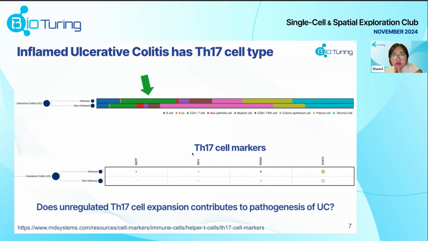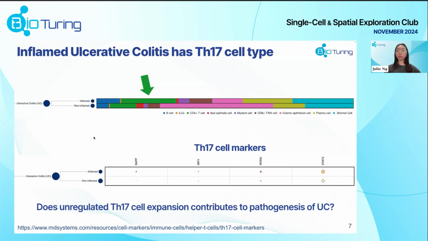Yes, and this is different from Crohn's disease. Okay. So in Crohn disease, we have Th1, and in ulcerative colitis, we got Th17. Can you elaborate more about the role of these cells? Like what do they do? Right. At this point, we don't know too much about the function of these Th cell subtypes, because this is quite a new finding that the authors were able to find from these papers.